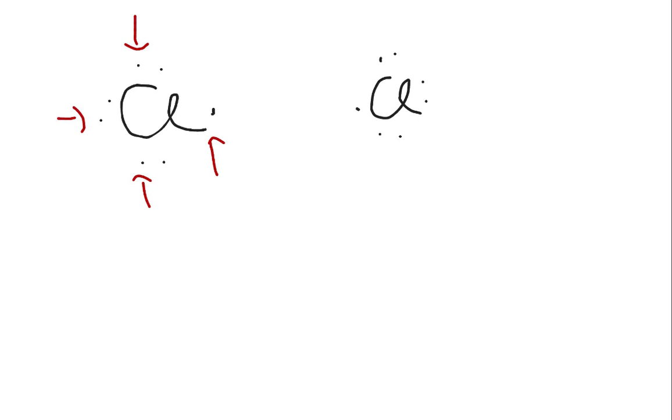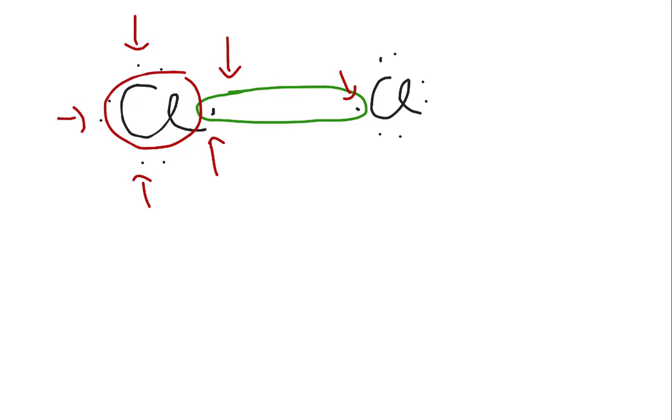But if I were to share these electrons, I now have another set of electrons that chlorine can have around it. This electron right here actually becomes part of this chlorine atom. So now I have 2, 4, 6, 8 electrons sitting around this chlorine, and it's happy.